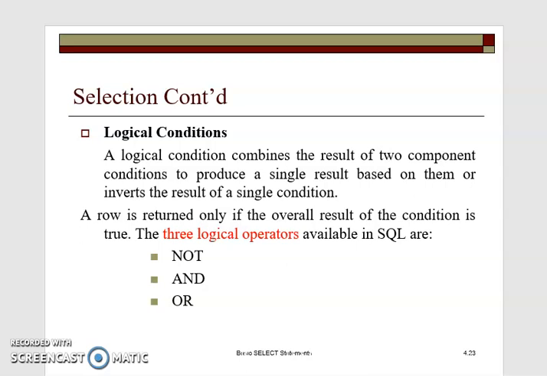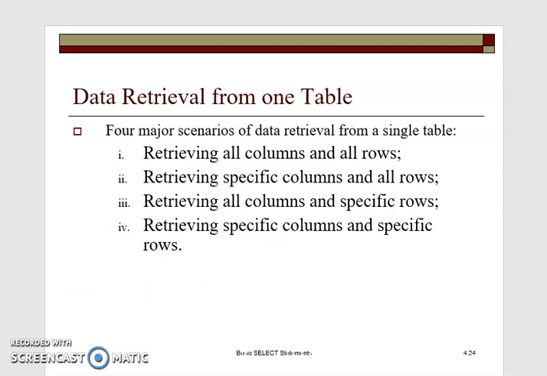And we have three kinds of logical operators. We have the not, and, or. Not implies that whatever you have specified, it should not include it. The and is you should include both this and that, or the or is you should include either this or that. That is what those logical conditions mean, and we shall see how we use them.